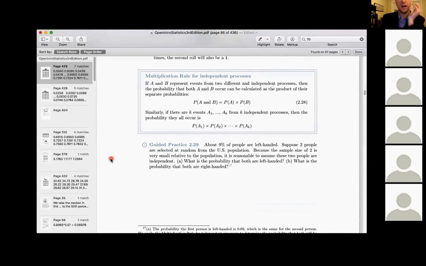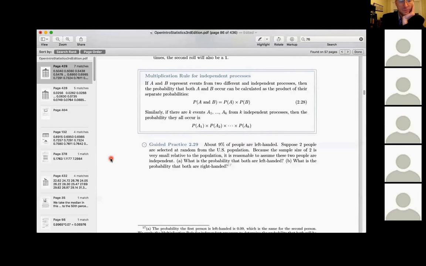Now we're going to talk about the multiplication rule. We talked about the probability of A or B, and now we talk about the general rule and independence. For independent processes or independent events, we ask what's the probability of both A and B, and that's simply the multiplication rule.